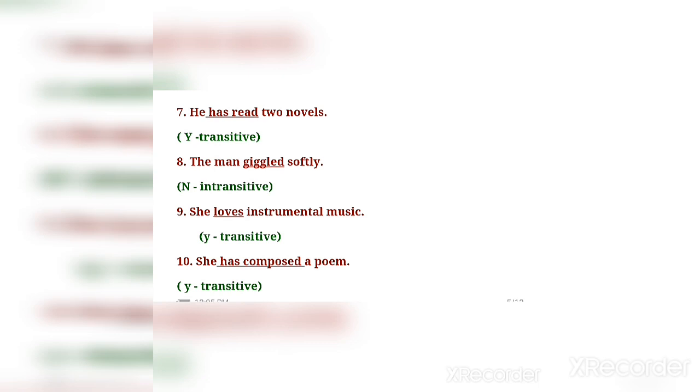Number 8: the man giggled softly. It is an intransitive verb, you will underline the verb giggled. Number 9: she loves instrumental music. So loves will be a transitive verb, you will underline it. Now number 10: she has composed a poem. So has composed is a transitive verb.